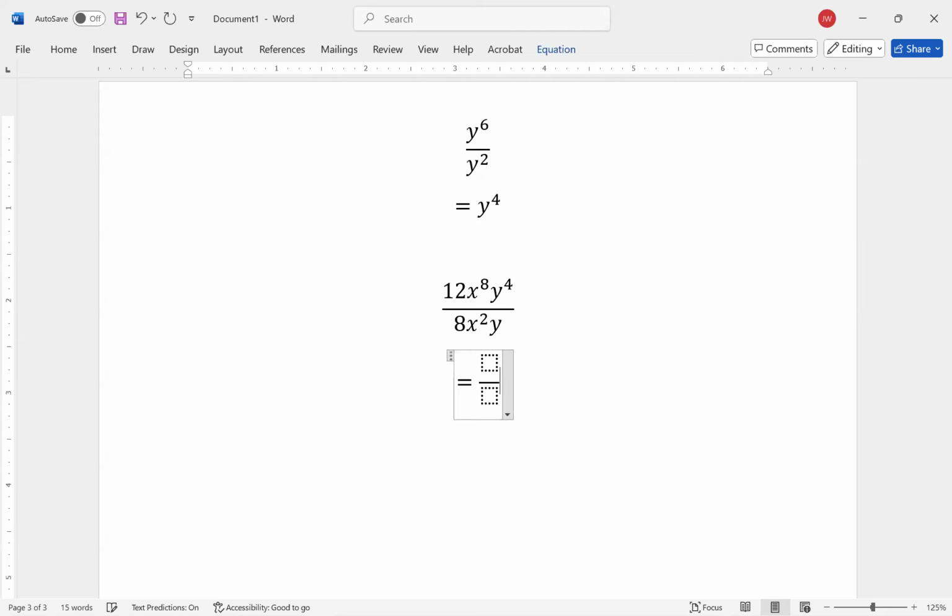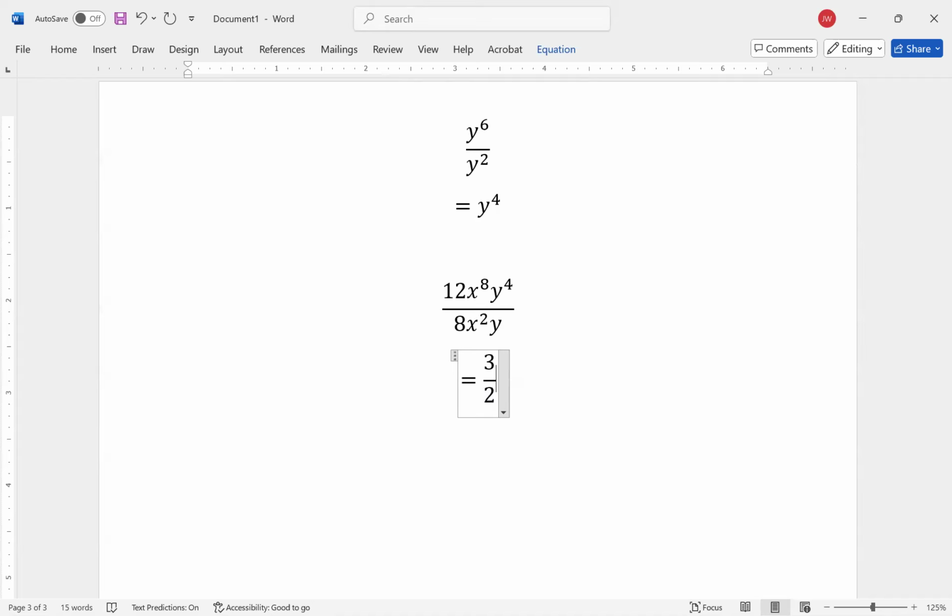In a similar way, if we have a monomial divided by a monomial, I can take 12 divided by 8. That simplifies to 3 halves, dividing each of those by 4.